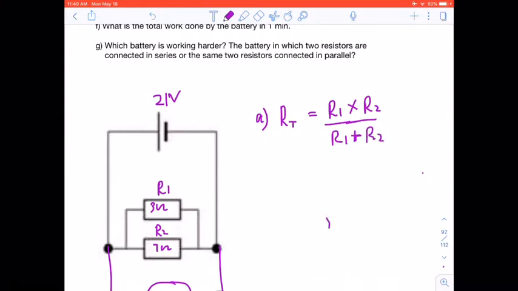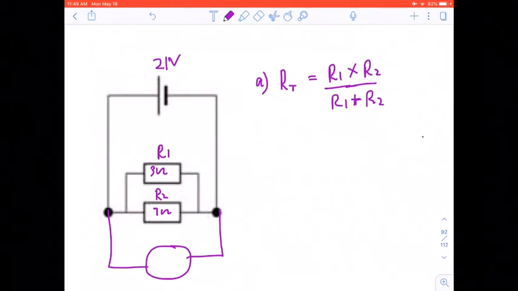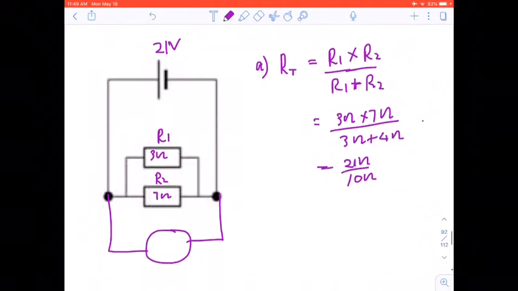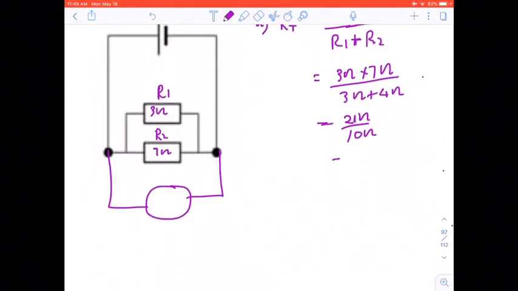I'm using that derived formula, which is now equal to 3 ohms times 7 ohms upon 3 ohms plus 7 ohms, which means it's 21 ohms upon 10 ohms, which is equal to 2.1 ohms.